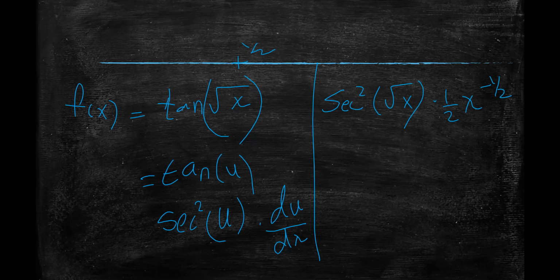But if it is tan of square root of x, if there's a function inside, like f of x, you have to differentiate what is inside the tan. So you will say now it is 1 over 2 square root of x times secant squared of square root of x. This will be now the final answer.